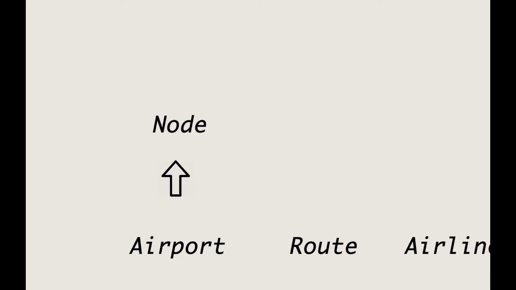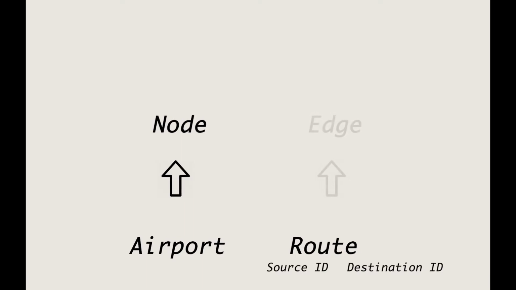Therefore, we decided to use the route dataset, which contains the source airport ID and the destination airport ID. We will use these IDs to identify the airports. Each airline will be an edge connecting our nodes, which are our airports, and we will explain how we store these nodes and edges. We believe that we have met our proposed goals and discovered some very interesting results.